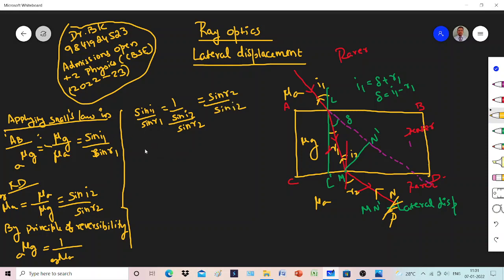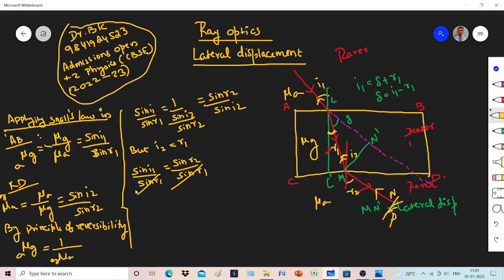And then this I2 is equal to this R1 from this diagram because opposite angles. But I2 is equal to R1, so substituting here, you will get sine I1 by sine R1 is equal to sine R2 divided by, instead of I2 I substitute R1, so I will get sine R1.